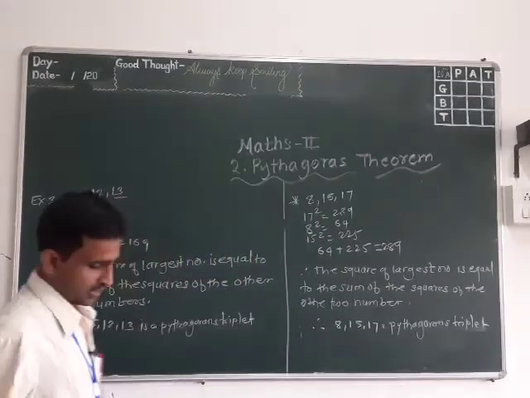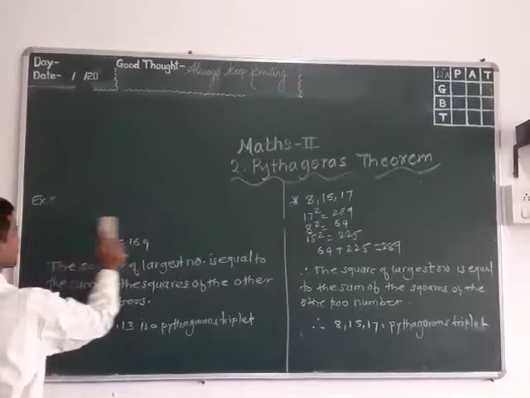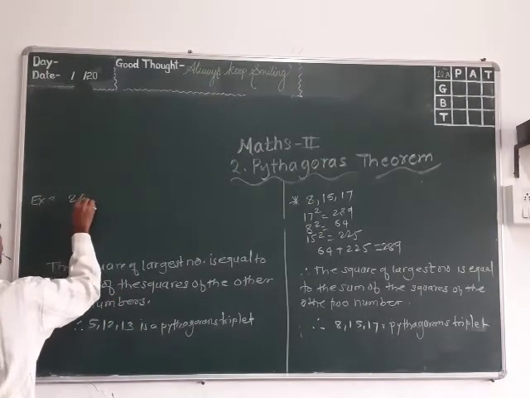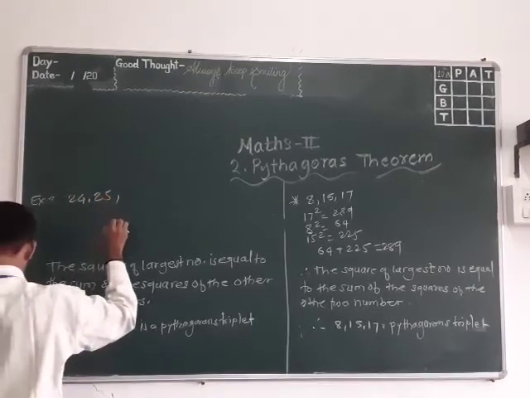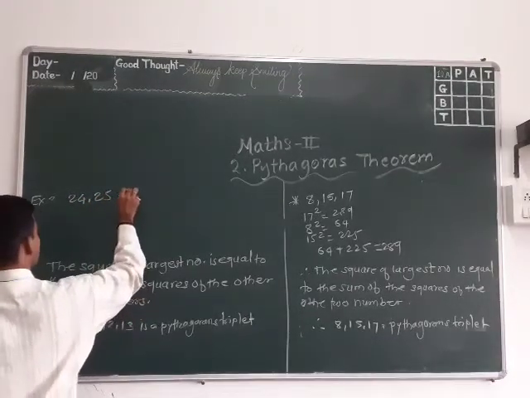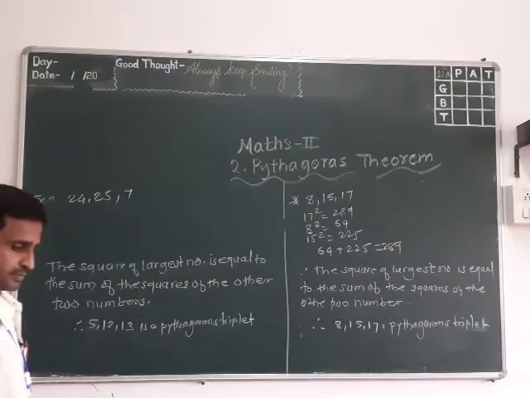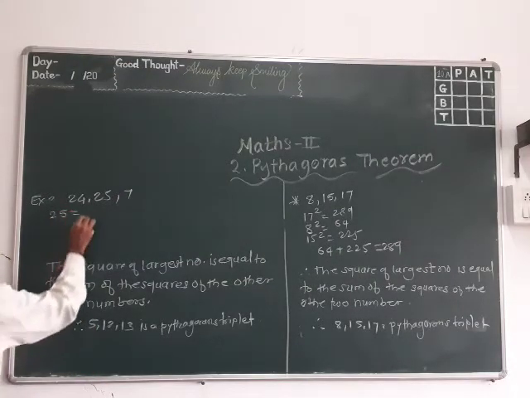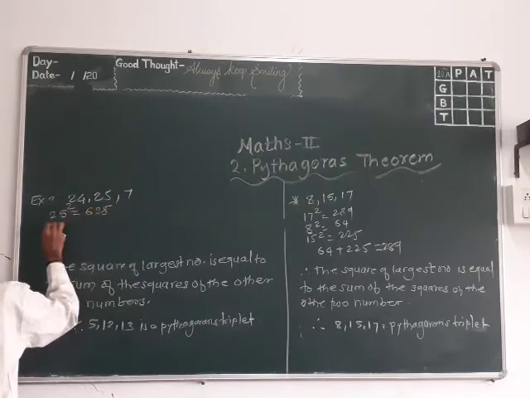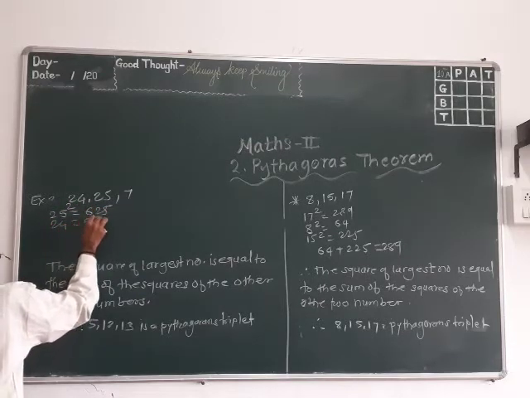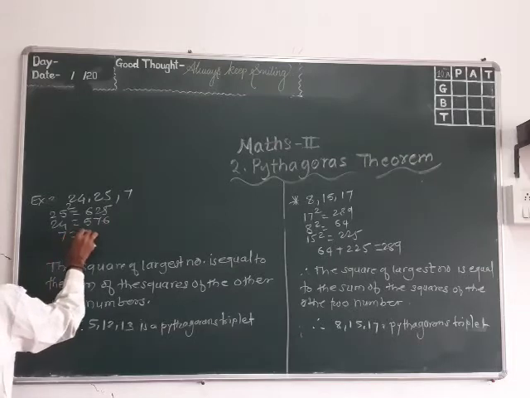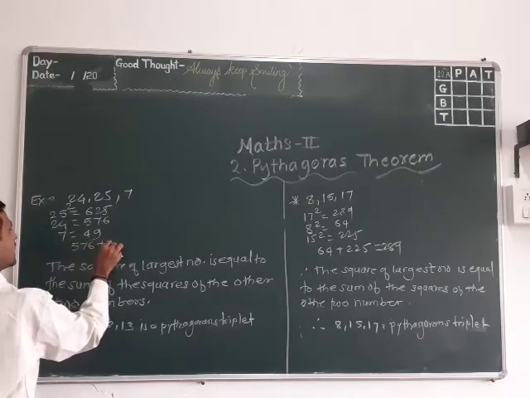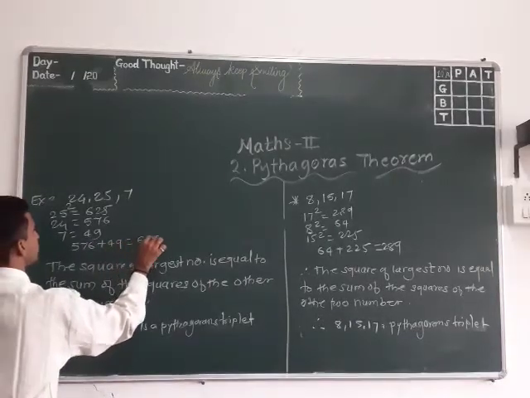Another example, 24, 25 and 7. 25 square is 625, 24 square is 576 and 7 square is equal to 49. 576 plus 49 is equal to 625.